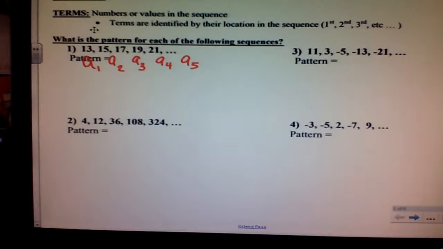You can name a sequence anything you want. Every sequence has a pattern to it. Can you find the pattern in sequence 1? 2. 2 plus 2. So, every time to go from A sub 1 to A sub 2 to A sub 3, we're adding 2.